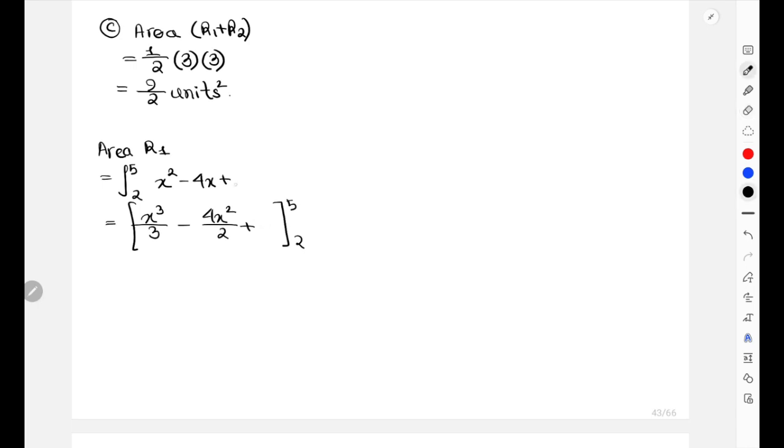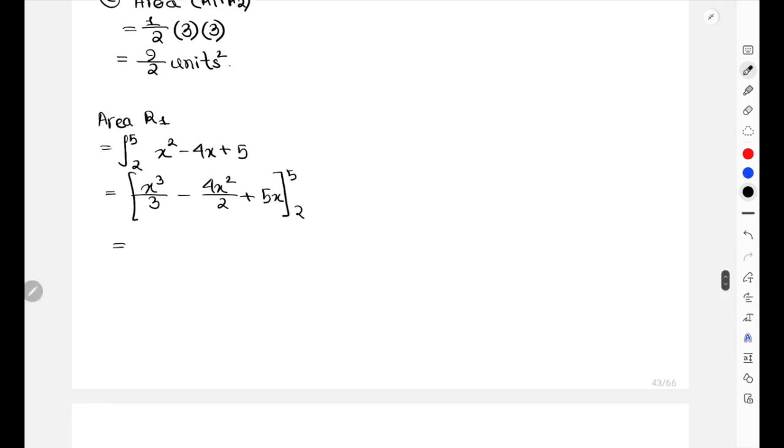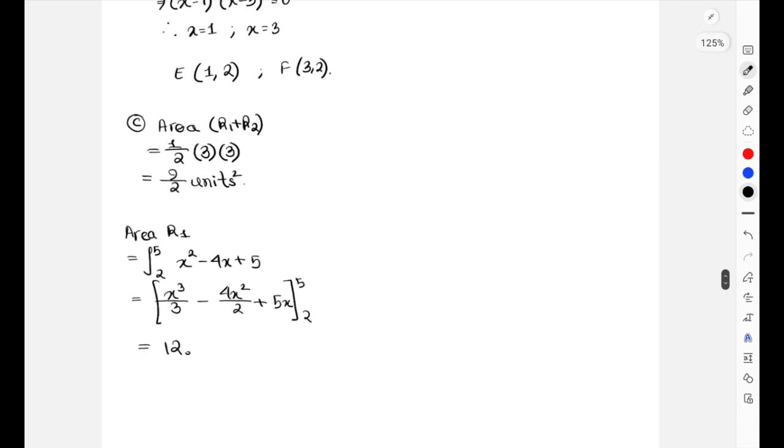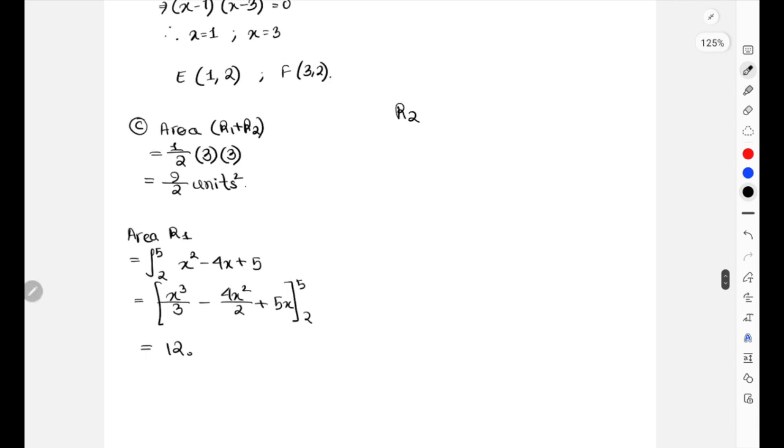This was 5. You are going to get 12 over here. Okay. Now for that ratio, this is still R1, right? We have to calculate R2 also. For that R2, that is basically 9 over 2 minus, wait, 1 minute.